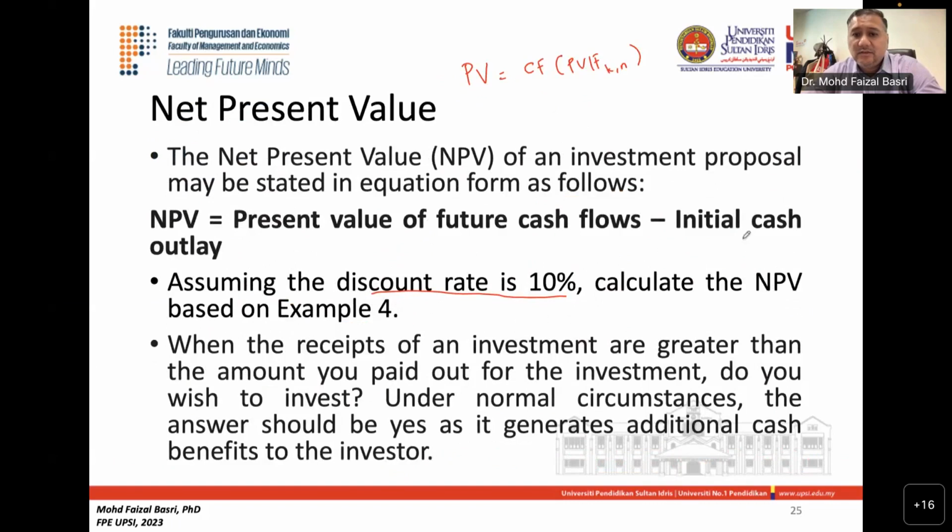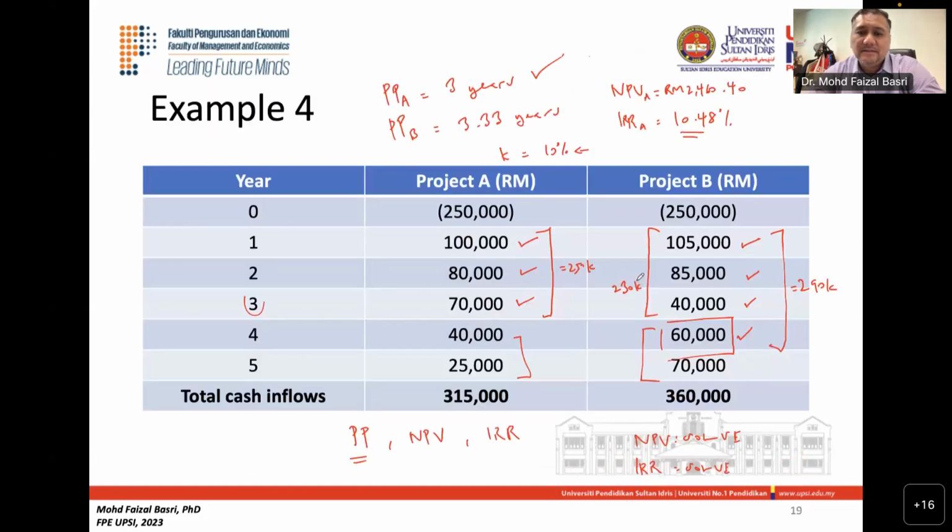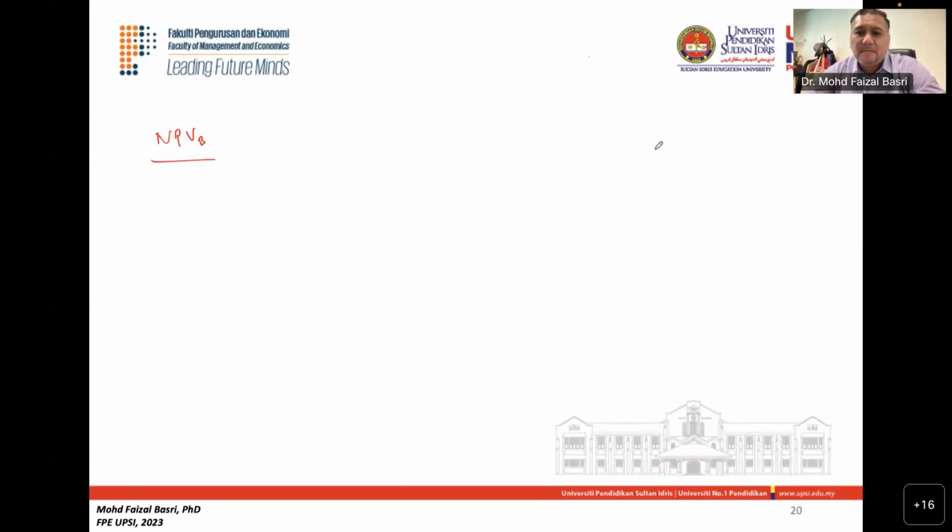Present value minus initial cash outlay. So what we need to do is to have this present value using this formula, and then we minus the IO. So this is the table, right? So basically what I'll do usually, if manually we have year 3, year 4, and year 5.